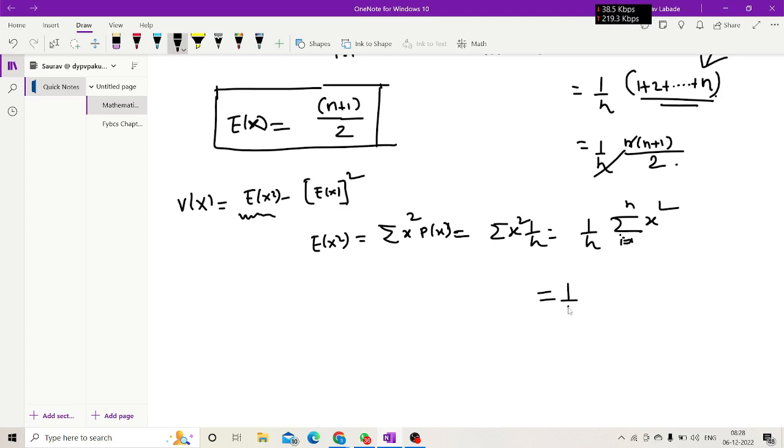Now what is the meaning of this x square? I have to square every single term, so that will be 1 square plus 2 square plus 3 square plus up to n square.